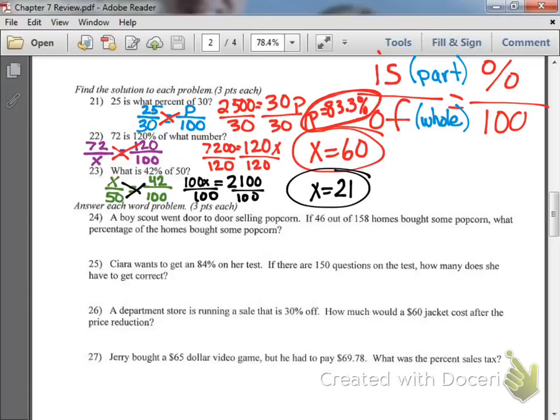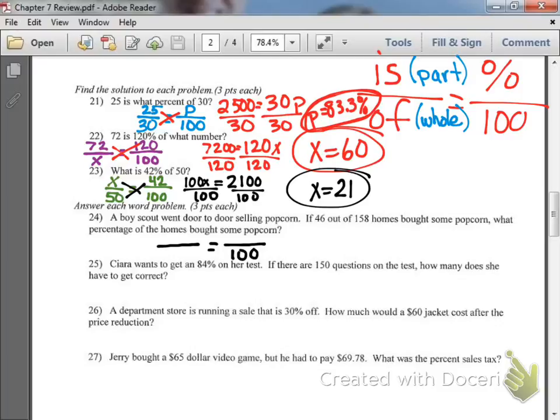Alright, we're doing the same thing on the next one. The only difference is this next section, it's not written out with is and of. You need to think more along the lines of part over whole. So I have part over whole equals the percent over 100. On the first one, it says that a Boy Scout went door to door selling popcorn.